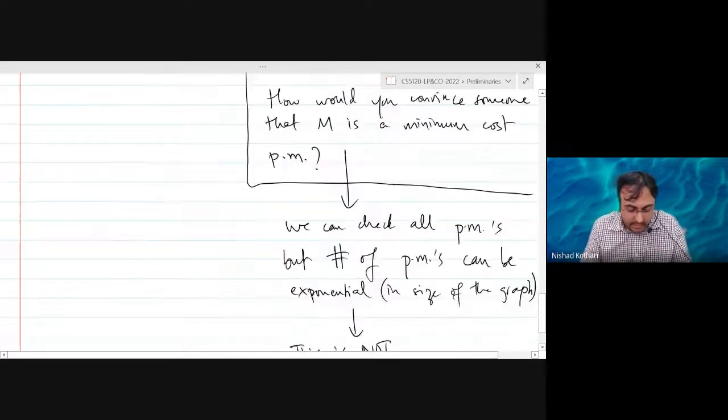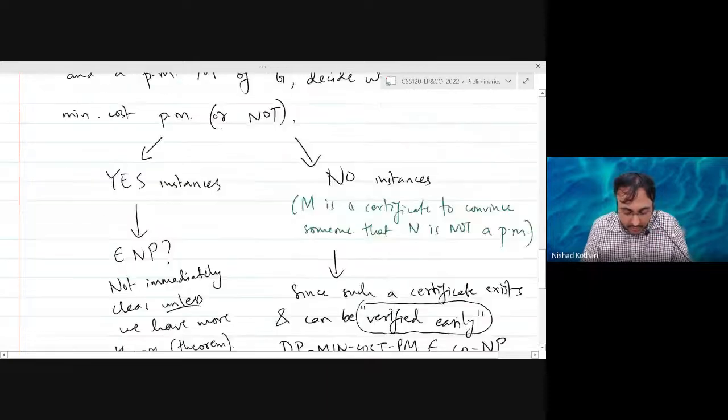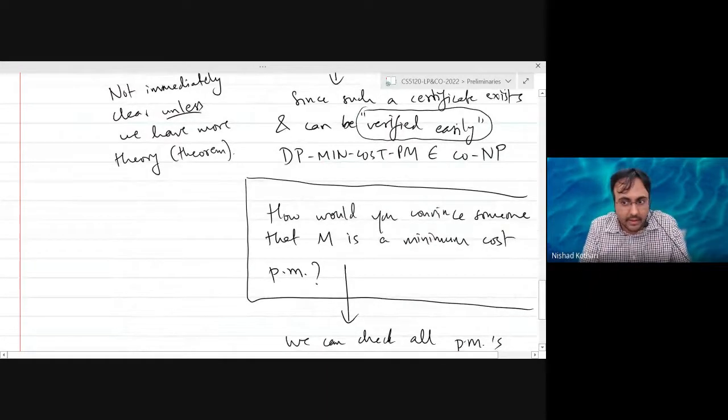In other words, to put it more intuitively, we don't know how to convince someone that a given perfect matching is indeed a minimum cost perfect matching. The only way we know how to do it is by running through all the perfect matchings of the graph, and that is clearly inefficient. Okay?